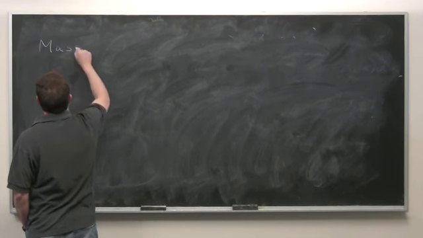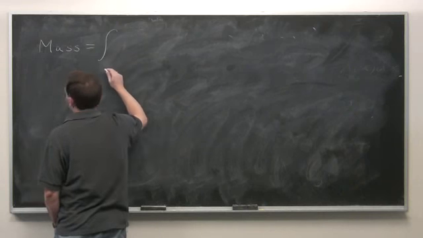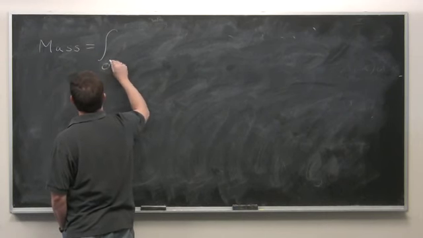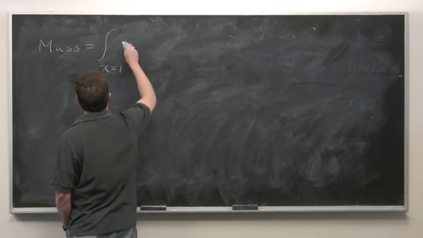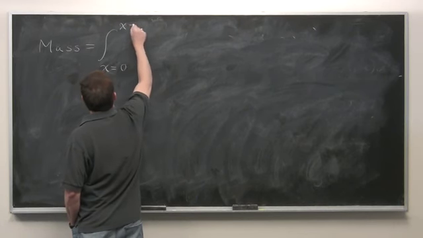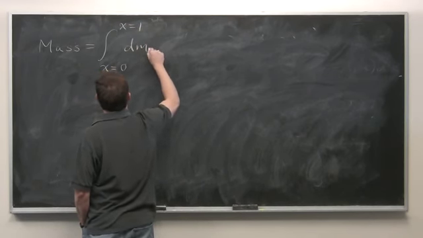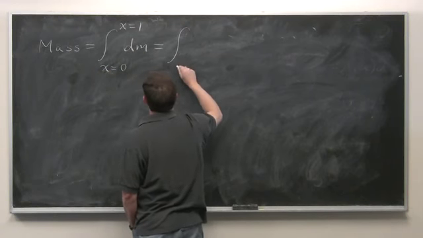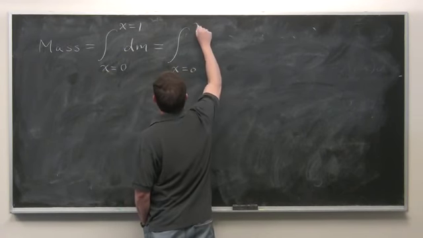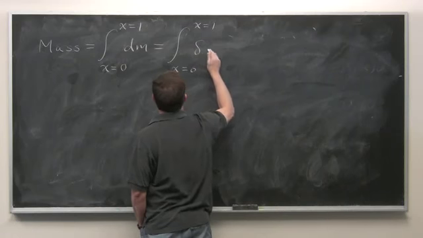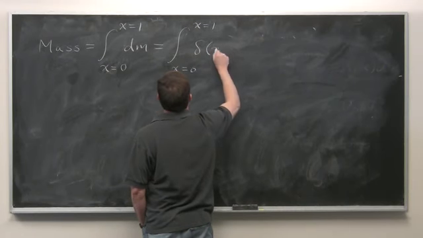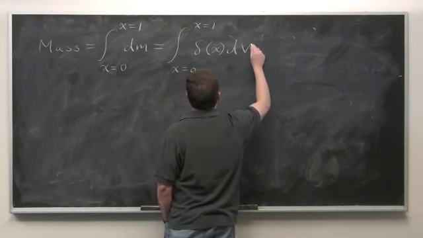So the mass will be the integral as x goes from 0 to 1. You'll add up all the infinitesimal blobs of mass. What's an infinitesimal blob of mass? Well, it's density times an infinitesimal blob of volume.